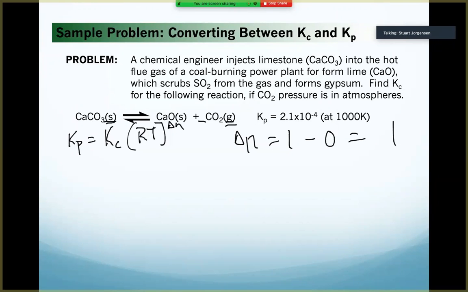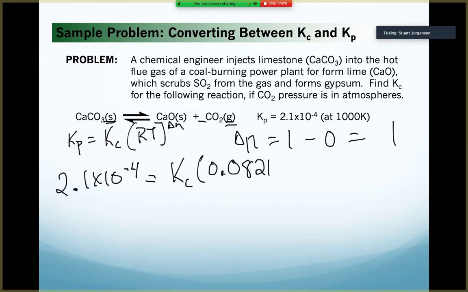I'm plugging in what I know so I can solve for what's missing. I know the Kp. Our Kp was 2.1 times 10 to the negative 4th. That's going to equal some Kc we don't know, times R, 0.0821, times our temperature, which was 1,000 Kelvin, all raised to the first.